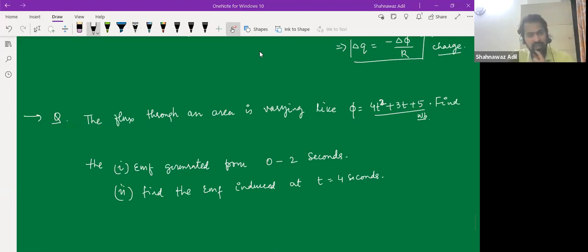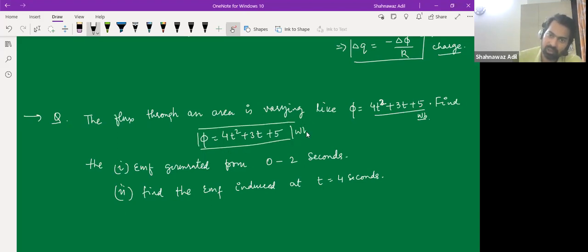Did you understand the problem, Aisha? Yes. We have this flux which is varying, in Weber, and you have to calculate the EMF.